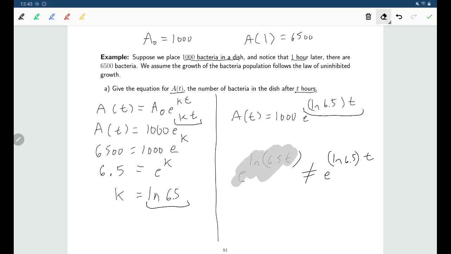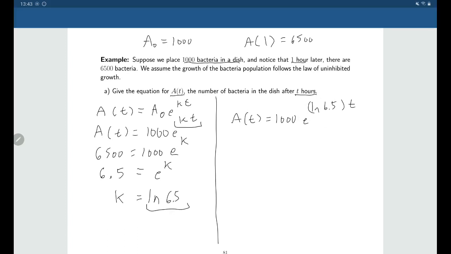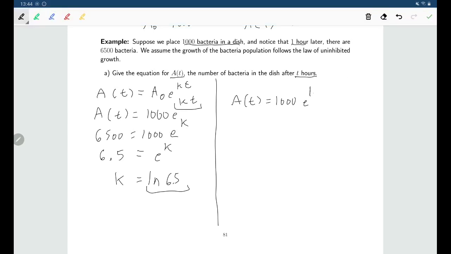That's why I was a little bit careful here when I wrote my e to the power of natural log of 6.5t, and why I put brackets around my natural log of 6.5. Because if I had just written it as natural log of 6.5t with no brackets, that's ambiguous enough that you might think that these are both inside of the natural log.